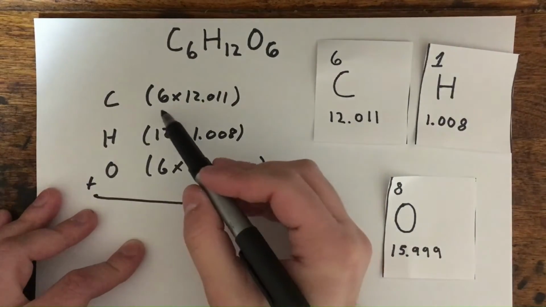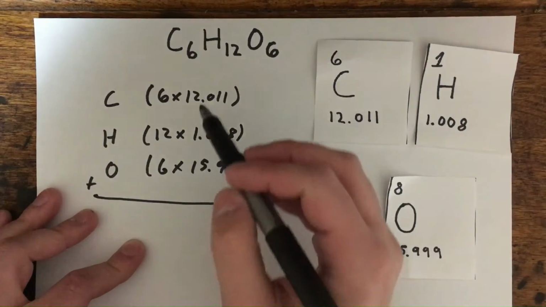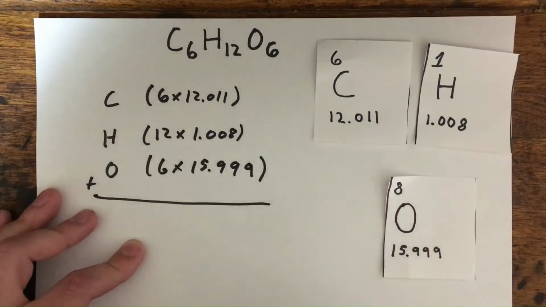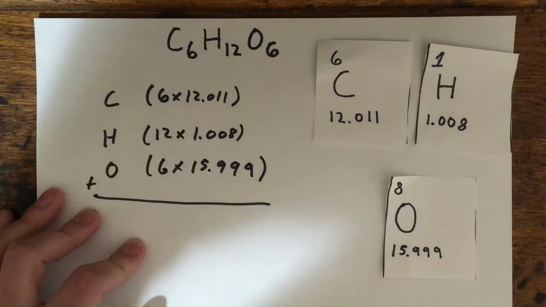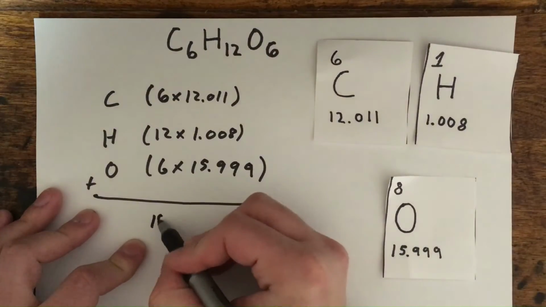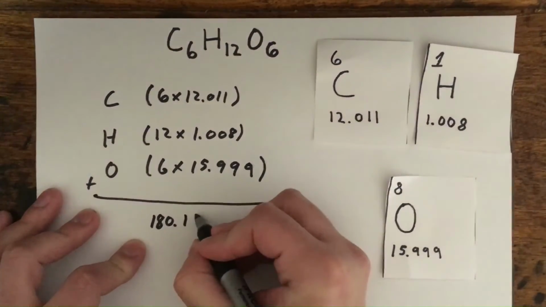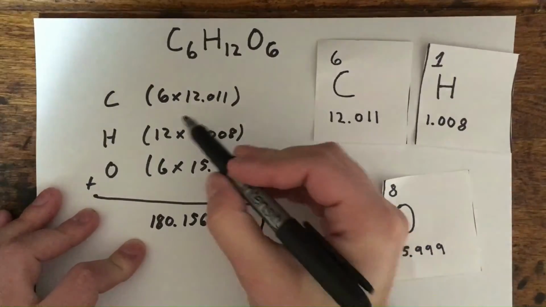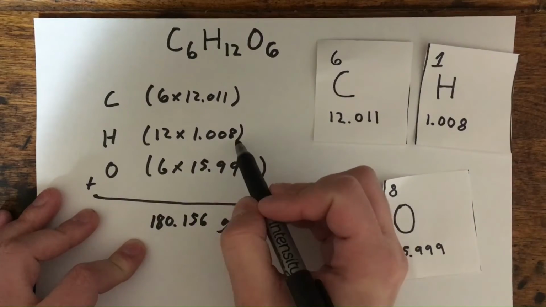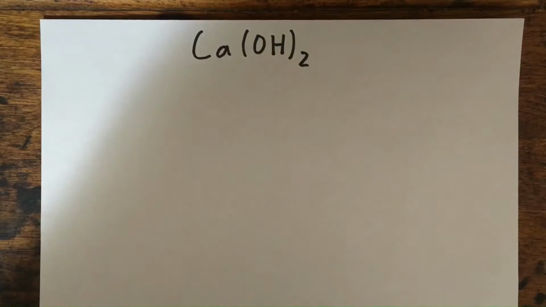So if you do the math for all these parentheses and then you add up the answers together, you should come up with 180.156 grams per mole. After you multiply this, multiply this, multiply this, and then add all 3 answers together.